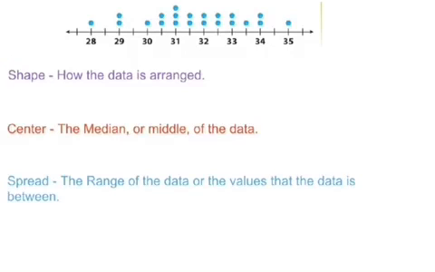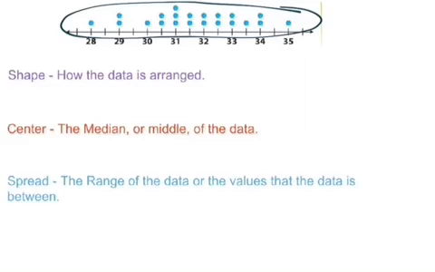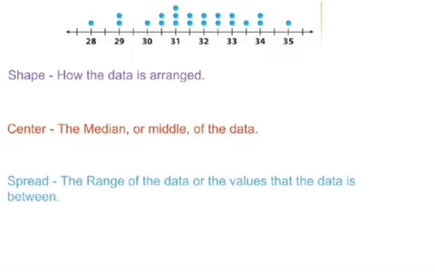Well, if you look at the data we have on this dot plot up here, really it's pretty evenly spread out. 31 has the most right here, but other than that, basically twos or ones on a lot of the numbers. We don't have a large concentration in one area. If we did, we could say that the data is concentrated between 33 and 35, but it's really not.